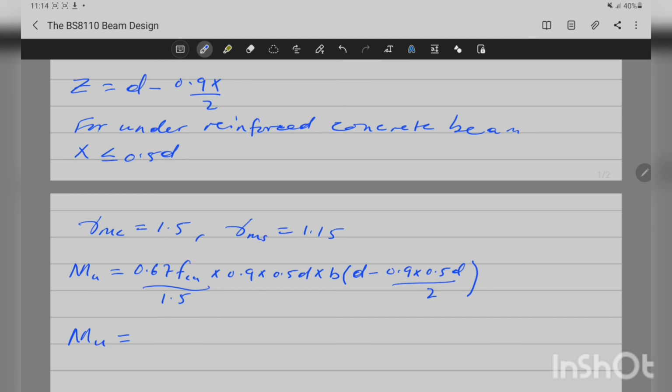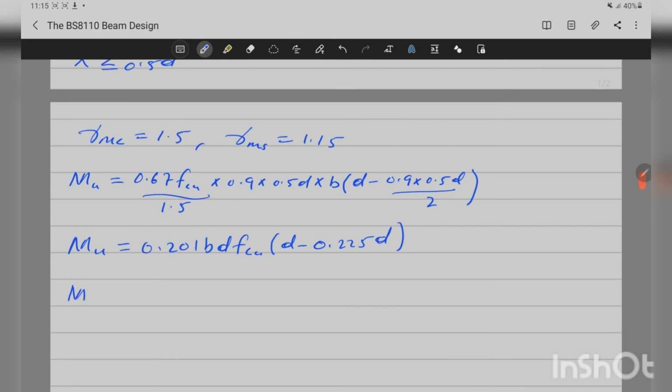So M ultimate is therefore equal to, if we multiply this out, 0.201 B D FCU into D minus 0.225 D. Now if we subtract, D minus 0.225 D, MU is equal to 0.201 B D FCU into 0.775 D, and MU is therefore equal to 0.156 FCU B D squared.